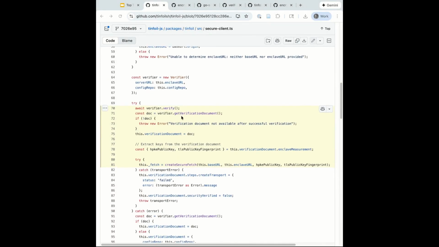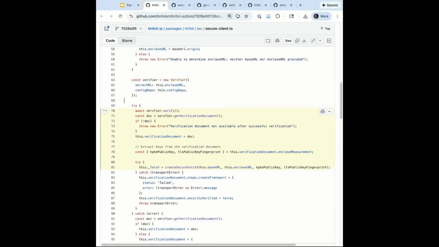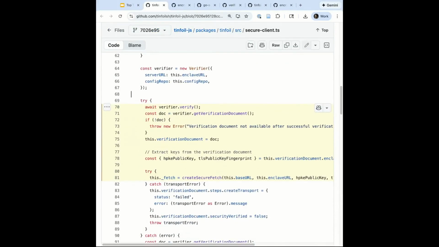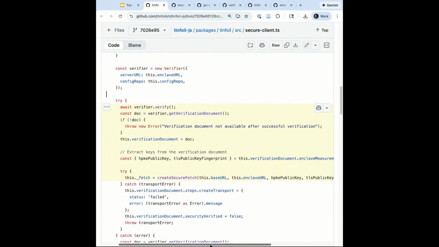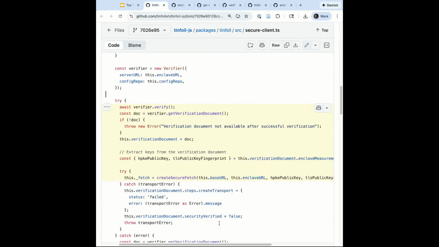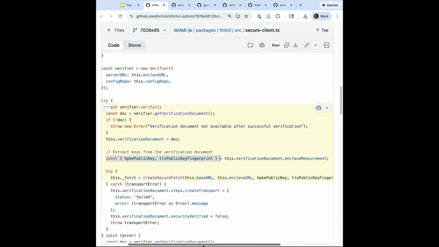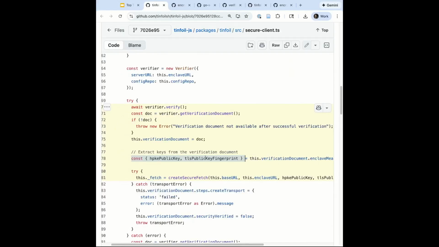Remember we looked at that document earlier, which basically proves that there was, somewhere in the world, an enclave with the proper measurements. This is where we extract from that report data a pair of keys, in this case the public keys for the particular enclave the user is talking to.